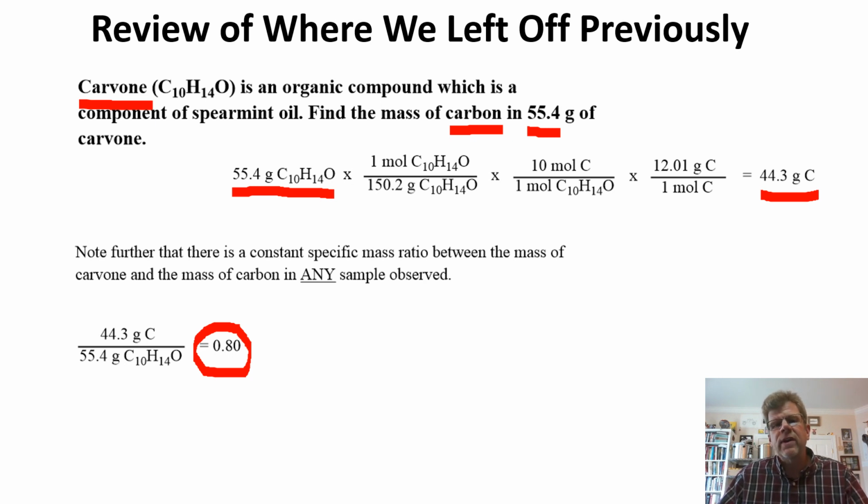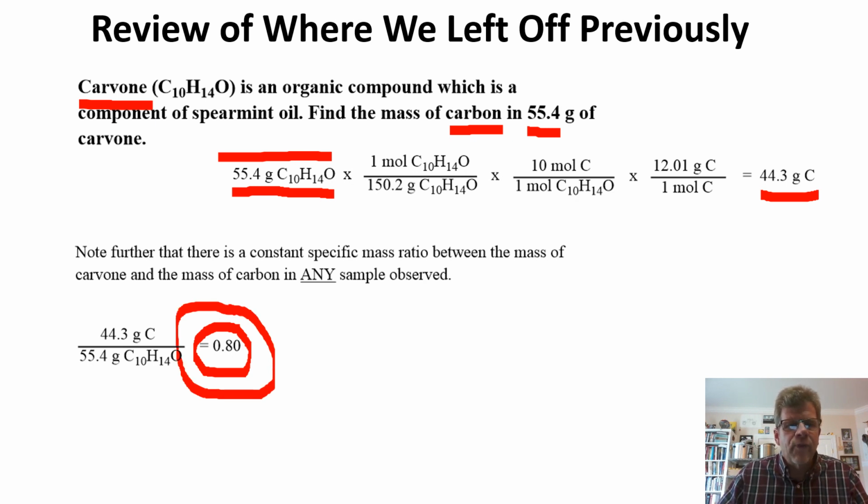Now, the interesting thing here is that it does not have to be just 55.4 grams of carvone. We can have any amount, and it will still come up with this same percentage.